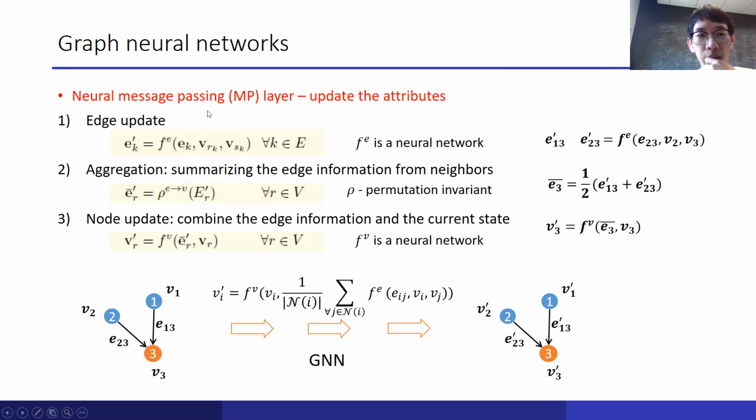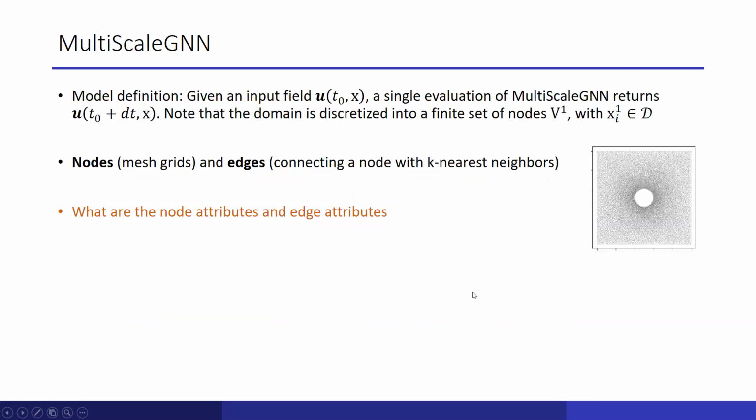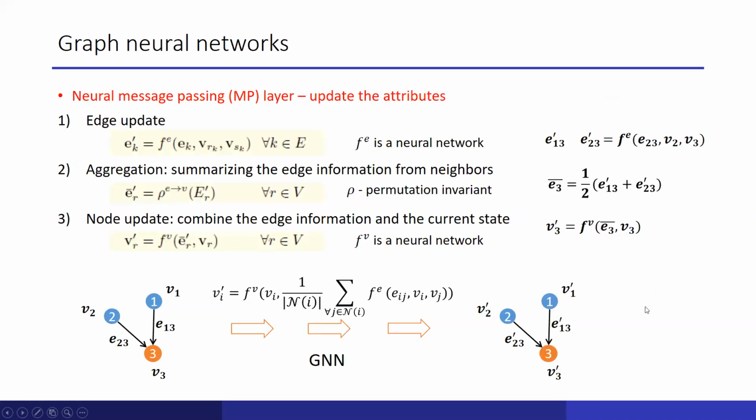So all the message passing layer can be summarized by these equations, and one graph neural network can be composed of 1 or more MP layers to update the information in a graph. Here, FE is a neural network in step 1, and FV is another neural network.